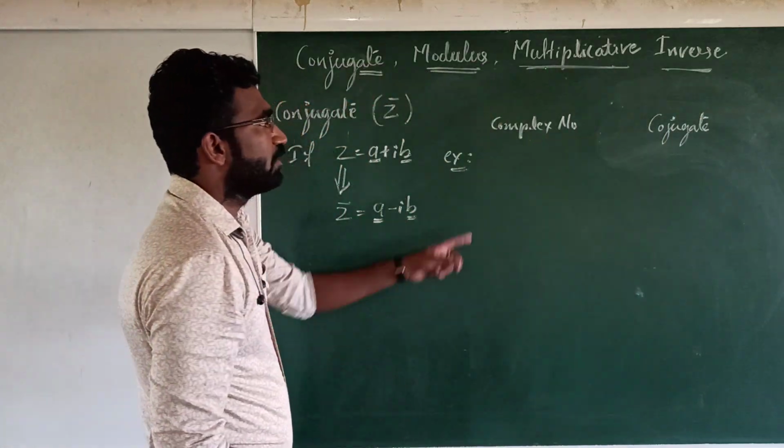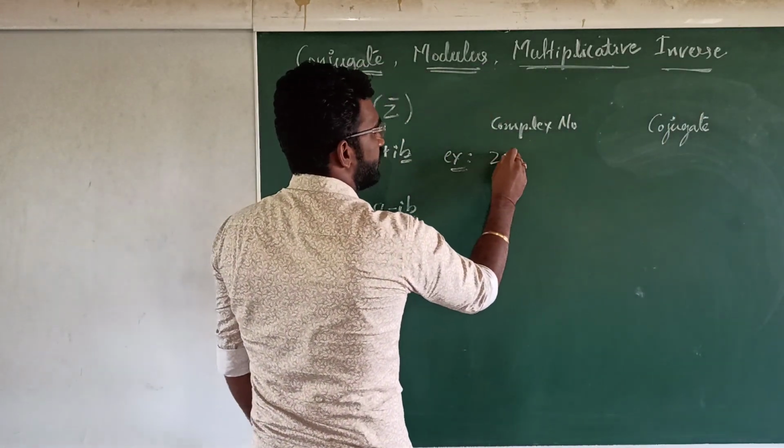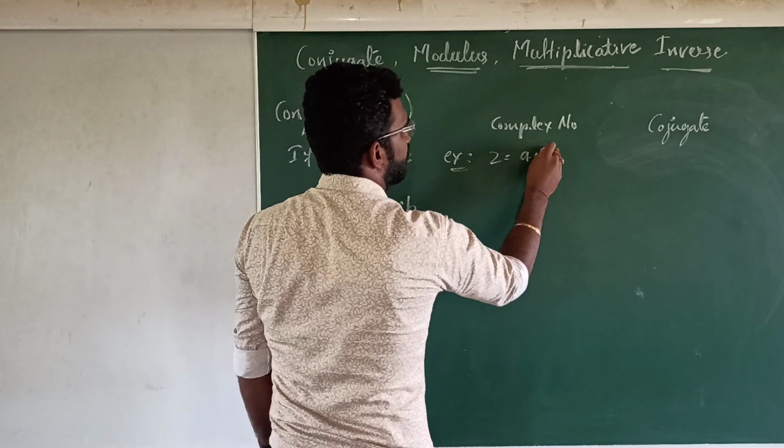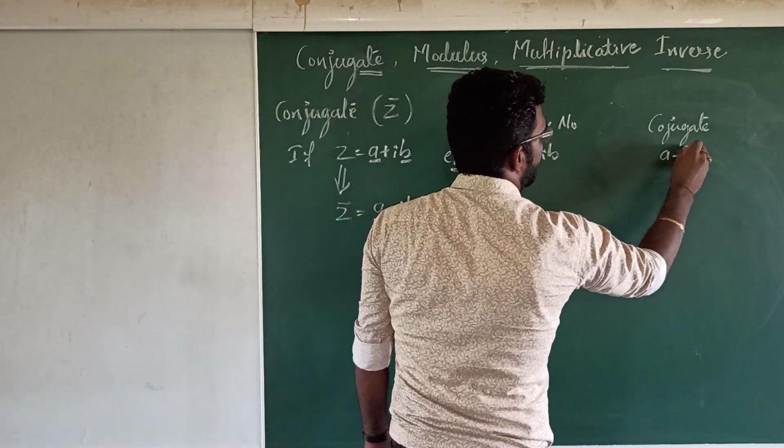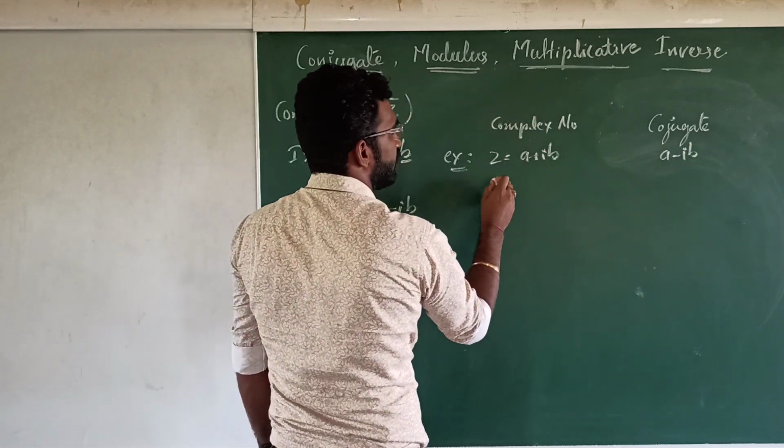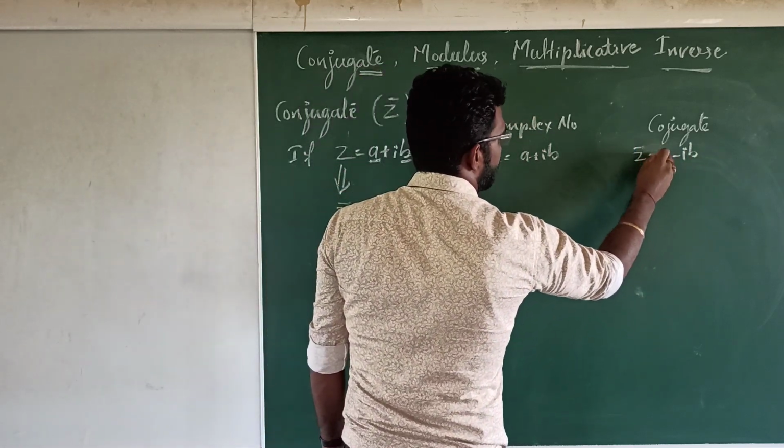Okay, see here. If I write z equals a plus ib is the complex number, then the conjugate is given by a minus ib. So it is denoted by z bar.